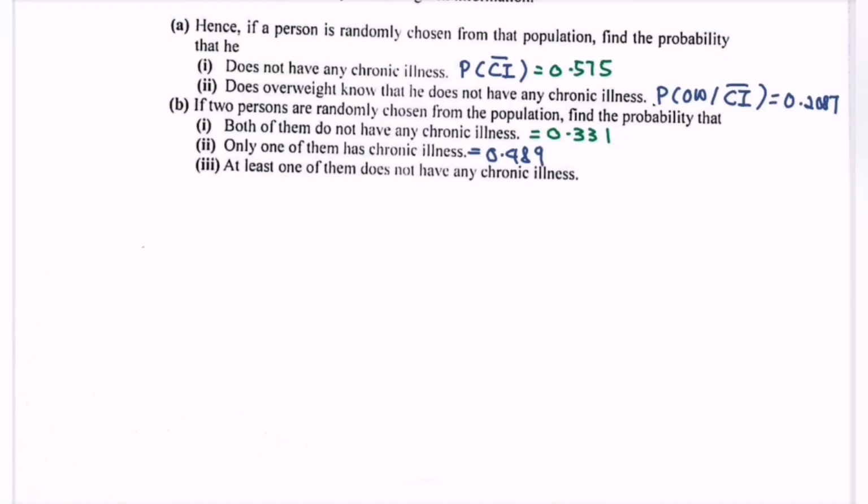Number 3, at least one of them does not have any chronic illness. So at first, we have the probability of non-chronic illness intersect with chronic illness, plus chronic illness intersect with non-chronic illness, plus both of them have no chronic illness.